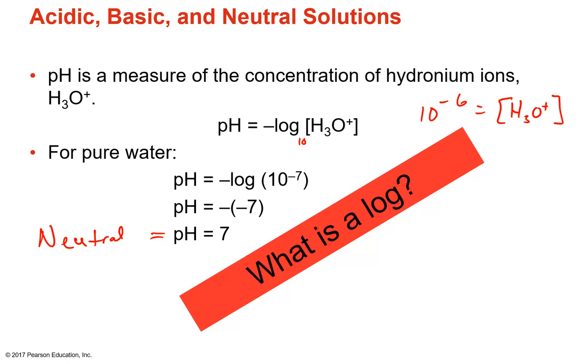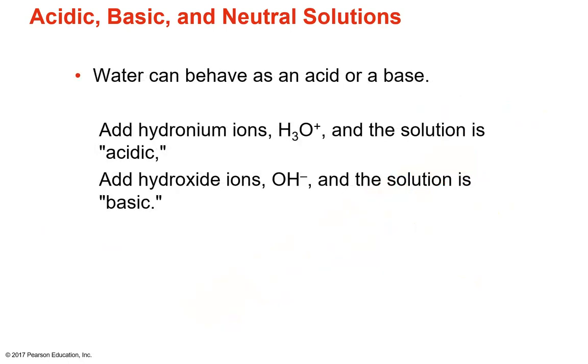So if you had 10 to the minus 6, then the pH is equal to minus log of 10 to the minus 6, equals minus minus 6, equals 6. So a pH of 6, a pH of a number that's smaller than 7, is an acid. If it has something that's bigger than 7, so a pH of 9, then it's a base.